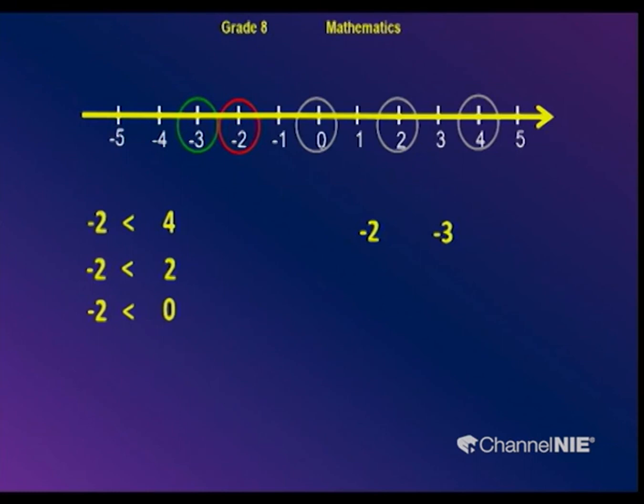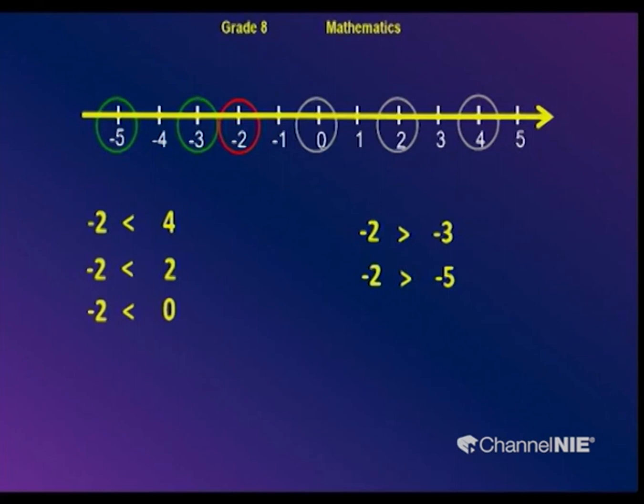So, what is the greatest one? Minus 2 is the greatest value. So, you can use this symbol: minus 2 is greater than minus 3. And minus 2 and minus 5, when we compare these two numbers, you can say minus 2 is greater than minus 5.